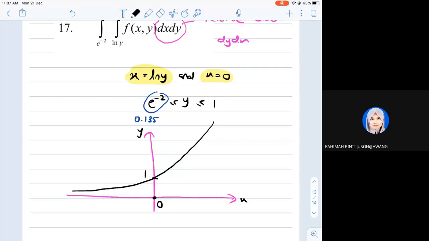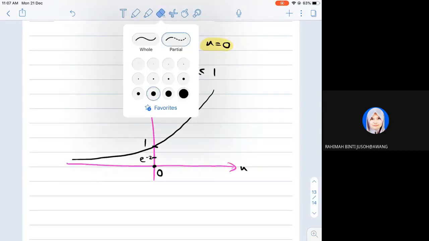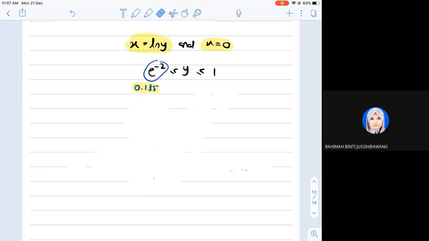And then exponent negative 2 is this one, listen here. So 0.135 is below 1, isn't it? So we have exponent negative 2 here, bawah ni. Sekejap lah, saya lukis balik ni. Sekejap bagi you nampak sikit. Saya ke ataskan sikit lah.